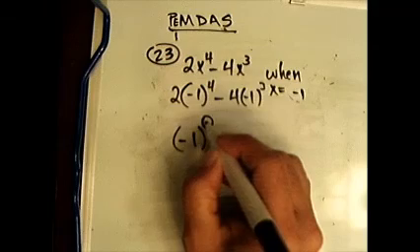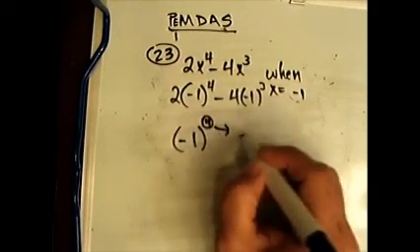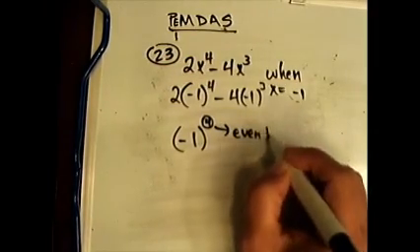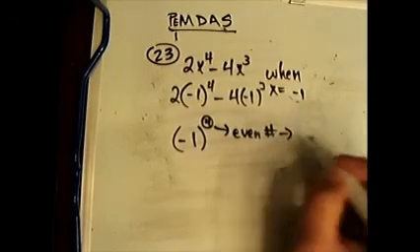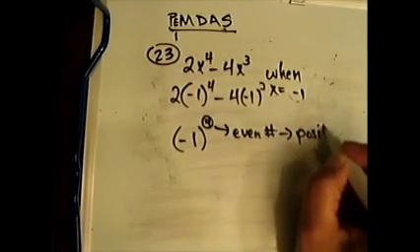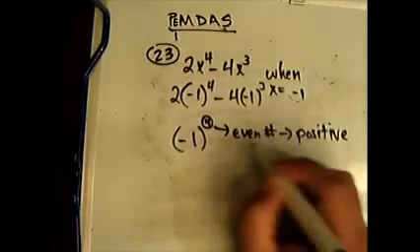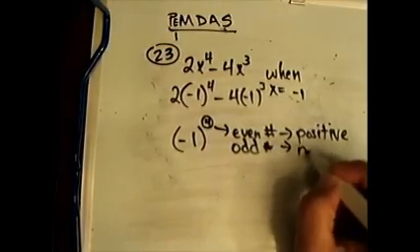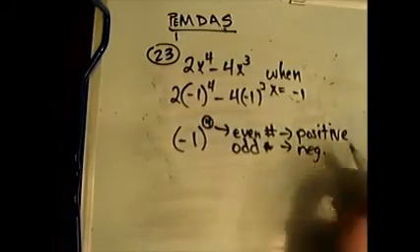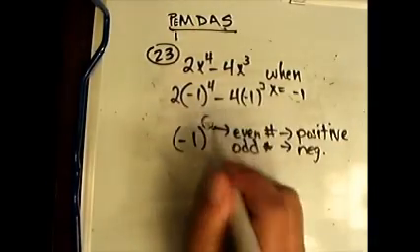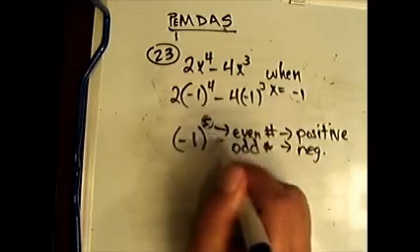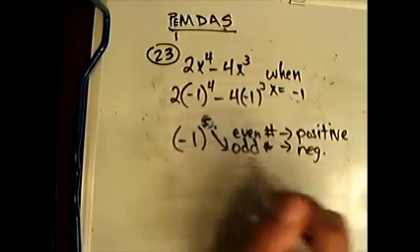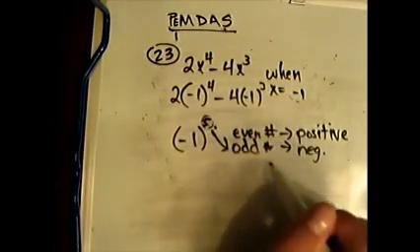If this exponent right here is an even number, then your answer will be positive. If it's an odd number, can you guess what that would be? Negative. Okay? So if this was a 5, then it wouldn't be even anymore. It would be odd, because 5 is an odd number, so your answer would be negative.